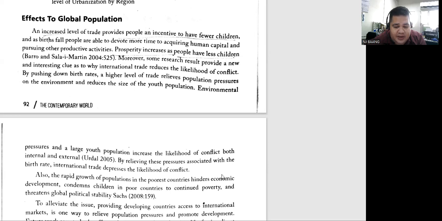By relieving the pressure associated with the birth rate, international trade reduces the likelihood of a conflict. The rapid growth of population in the poorest countries also hinders economic development, condemns children in poor countries to continued poverty, and threatens global political stability.